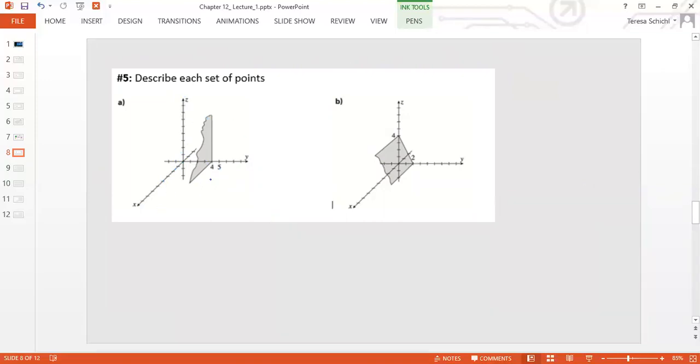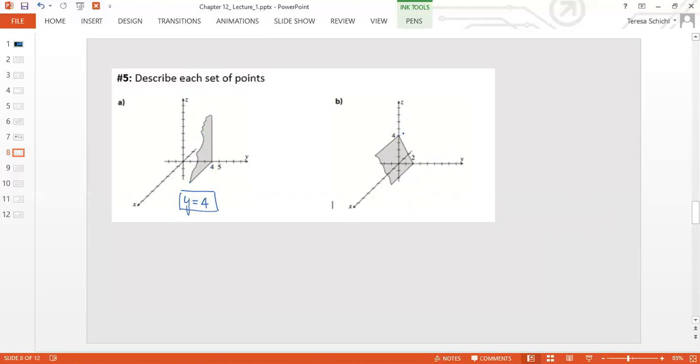So what is the answer for this one here? It will be y equal to what? Y equal to 4. So this is the plane y equal to 4, right? It's all the points on this plane here. Okay, so this is the one.